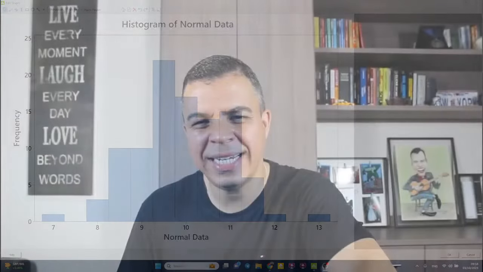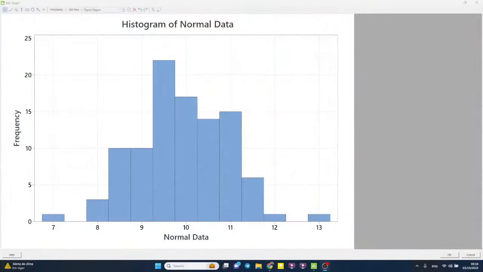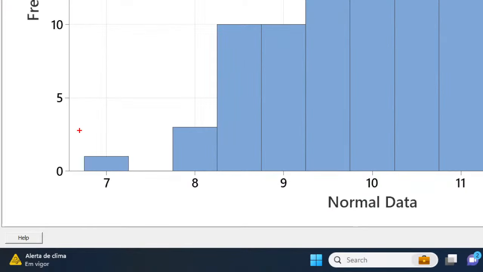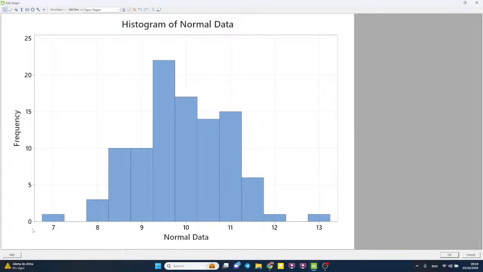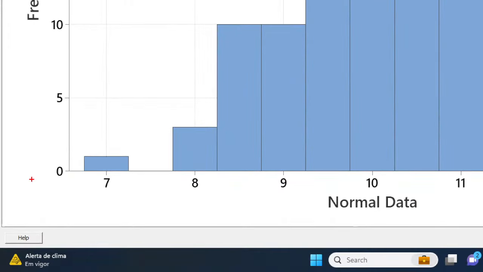Did you understand that? Many people think the histogram is saying, okay, I have one data point here equal to 7. And it is not. It is one data point from 6 point... this is terrible.